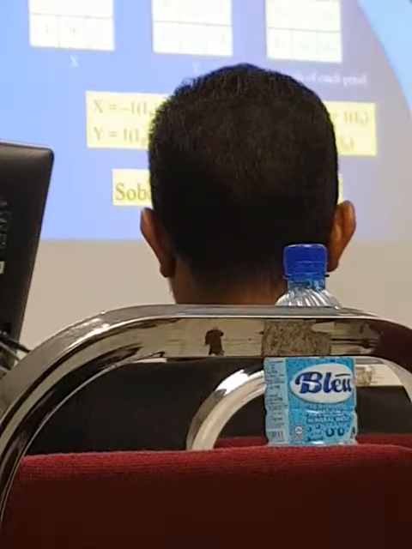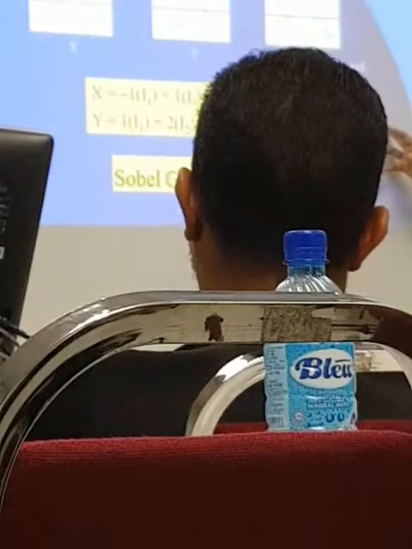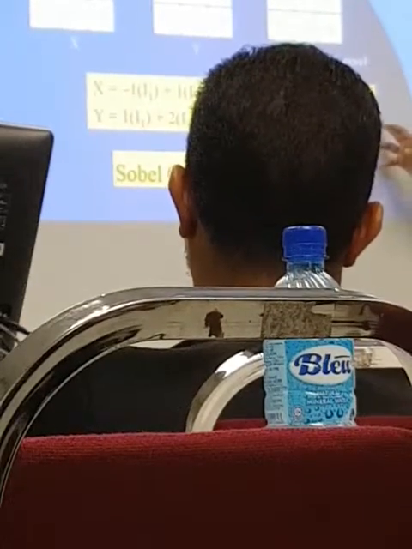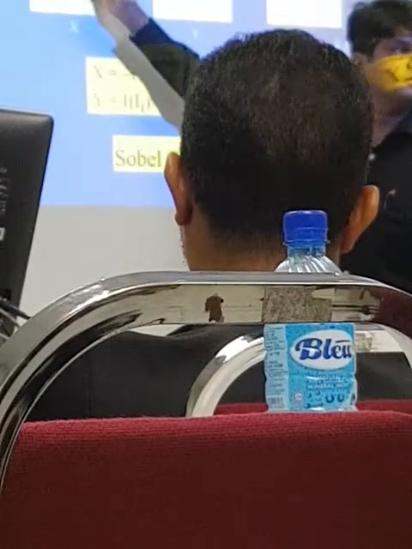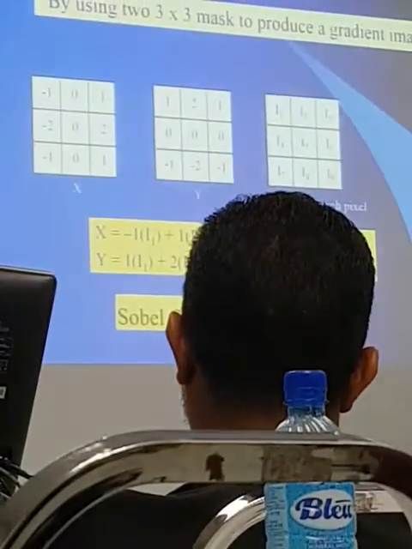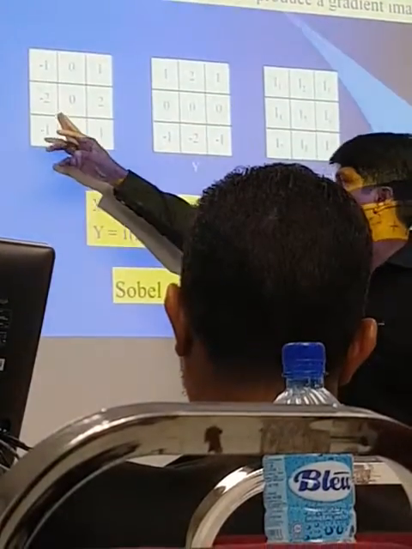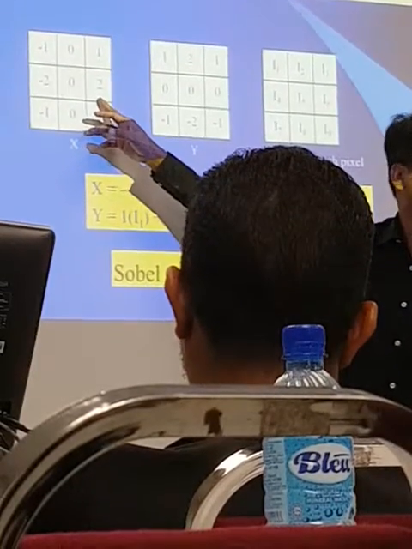Okay? Are you getting it or not? If you take this and take this, you get this equation. Right? -1 I1, correct? Plus 1 I3, and I2 by 3, correct? And so on. Then you have -2 I4 plus 2 I6.